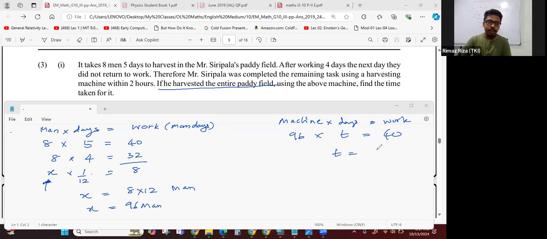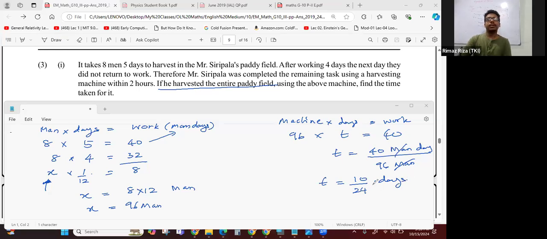So therefore time will be 40 man days. You can see the 40 is in the units of man days. And then machine is equal to 96 men. You divide by 96 men. So man and man cancel. The time will be 40 divided by 96, which is 10 divided by 24 days.